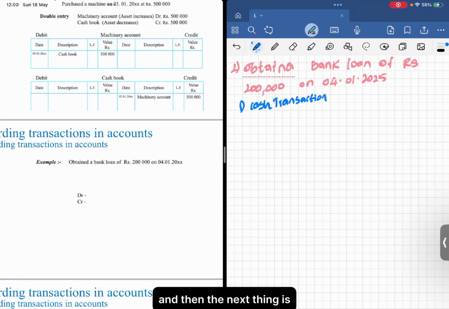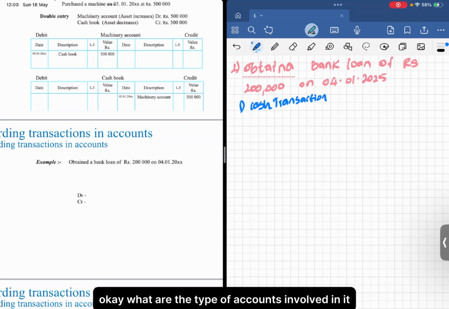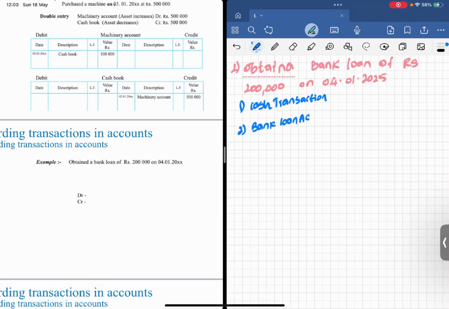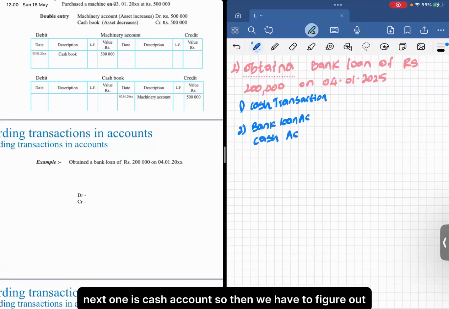And then the next thing is what are the types of accounts involved in it. There are two accounts involved in it. One is the bank loan account. The next one is the cash account.